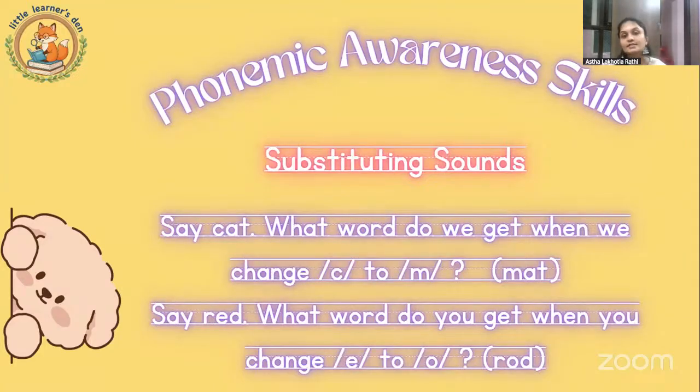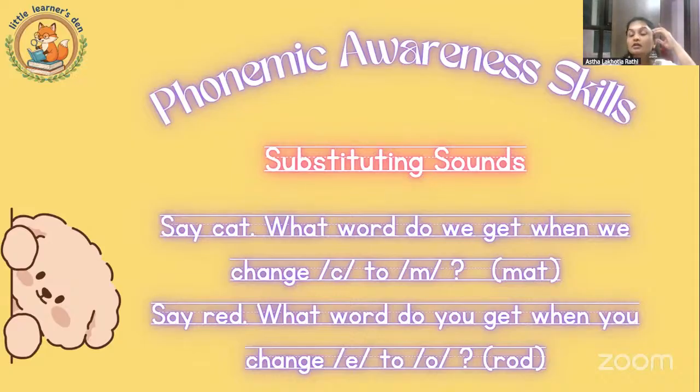Now, substituting sound. Again, from cat to mat, pat, bat, we are just substituting one sound. So our question will be, what word do we get when we substitute the ch in chat with p? They can say they're removing the ch sound and adding the p sound, so they are getting pat.